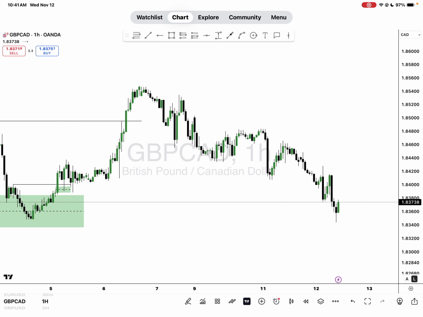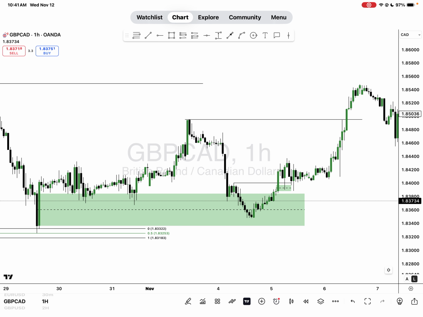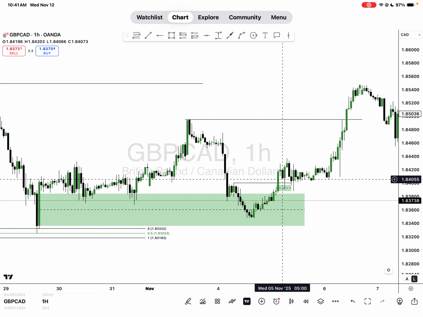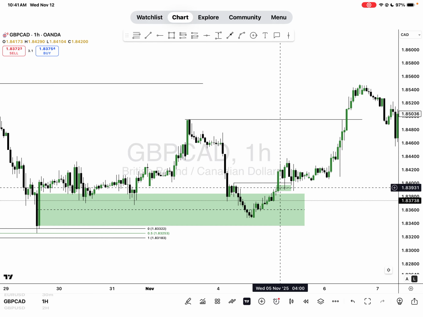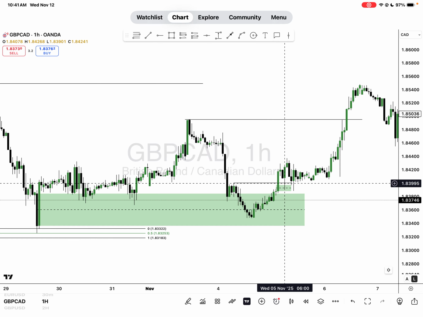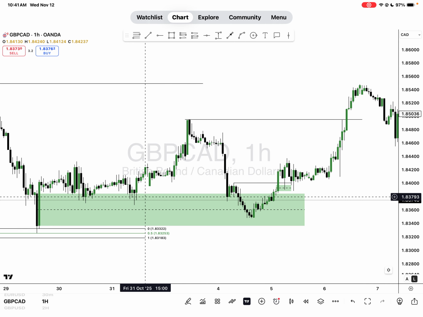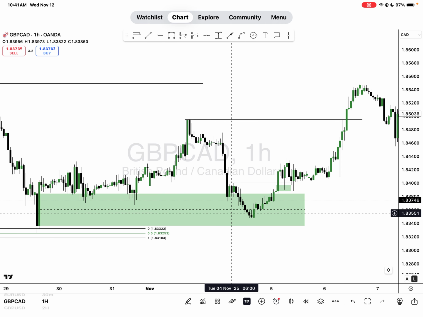If it wasn't on the 2 hour, it was the 1 hour sponsored candle, tapped 50% and then waited for the transition of price action to give an opportunity based off of my models. So in this particular case, I was looking for an area of interest response model. This is based off of the 1 hour sponsored candle.